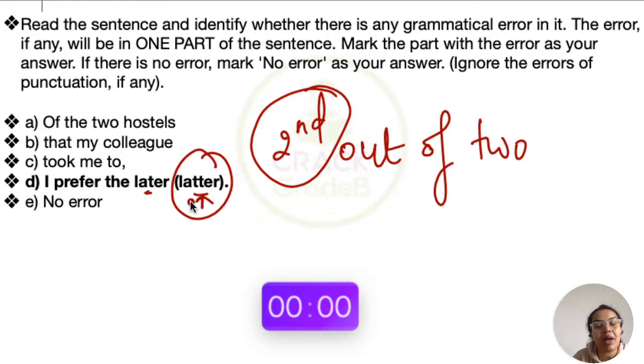Both of them are comparative degrees of the word late, okay? But this one is used with respect to time, and that one is used with respect to sequence. So out of two hostels that my colleague took me to, I prefer the second one, that is the latter.